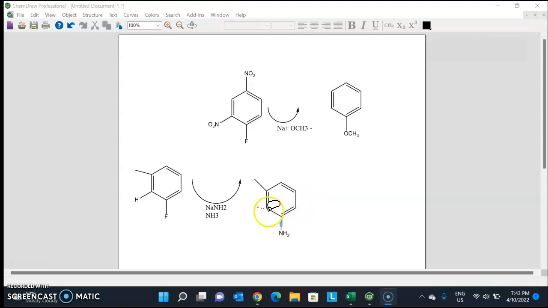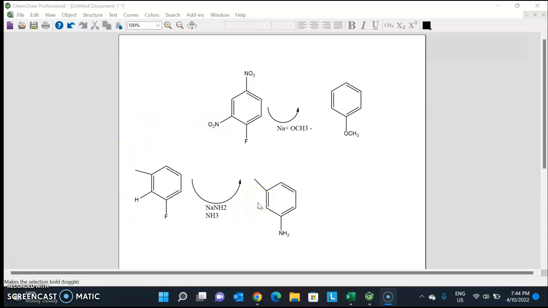Then this would pick up a hydrogen from the NH3 in solution, the electrons would go to the hydrogen, and this whole system would be complete. So those are two ways to do aryl halide substitution.